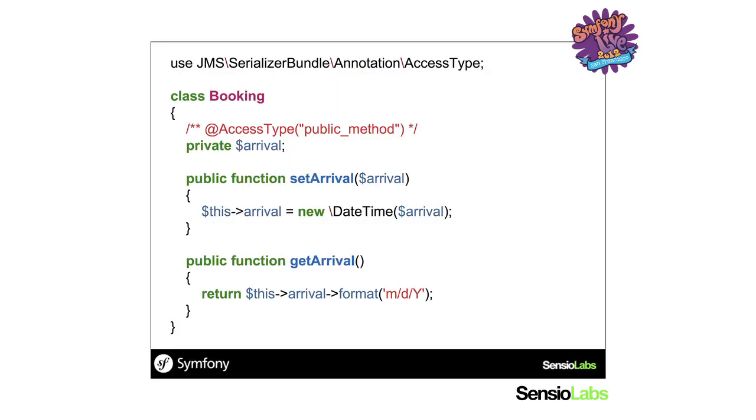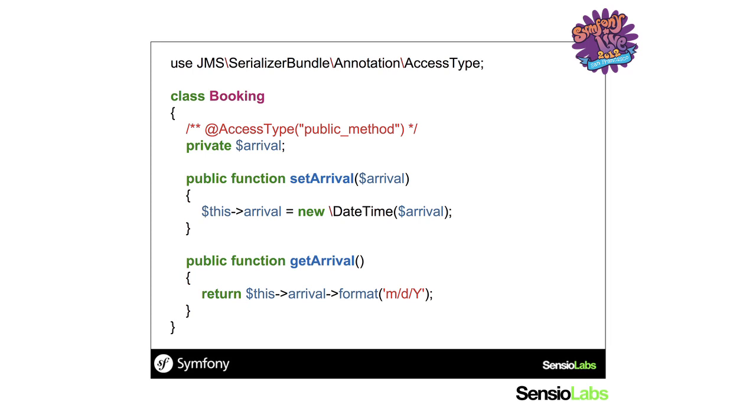There's an @accessType annotation which takes the public_method value, and when I use this @accessType annotation, I want to tell the serializer to always call the setter and getter methods on my booking object. So instead of using reflection to access the private property directly, it will call the getter method.